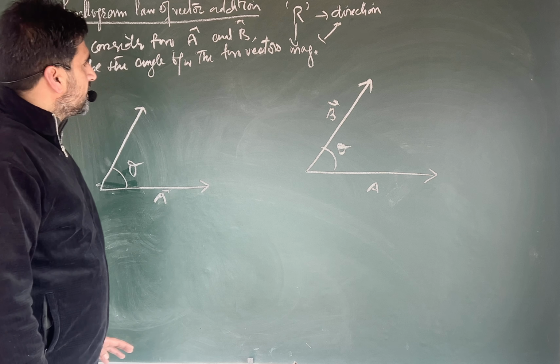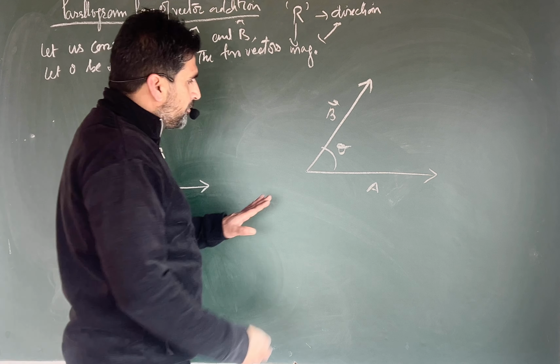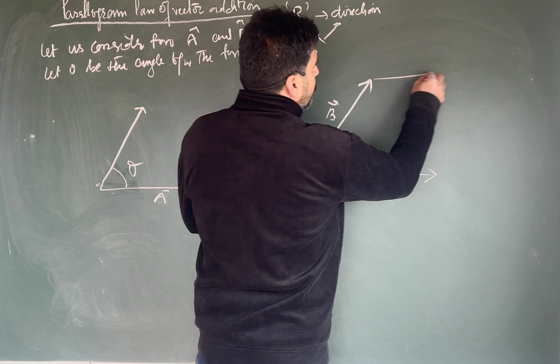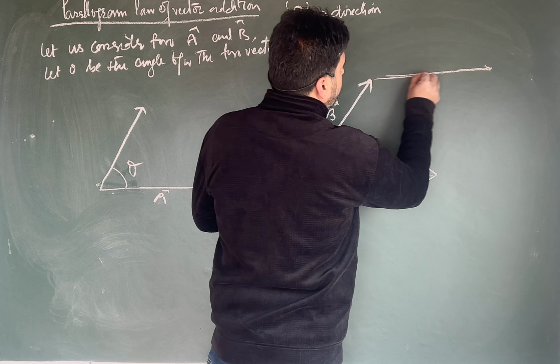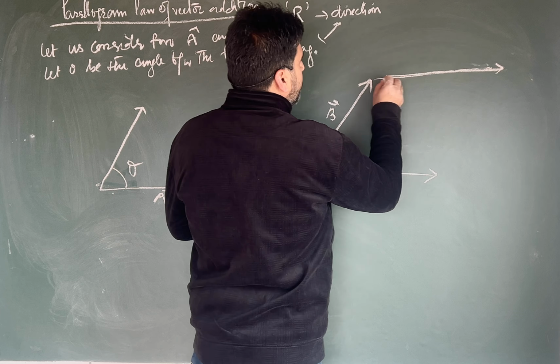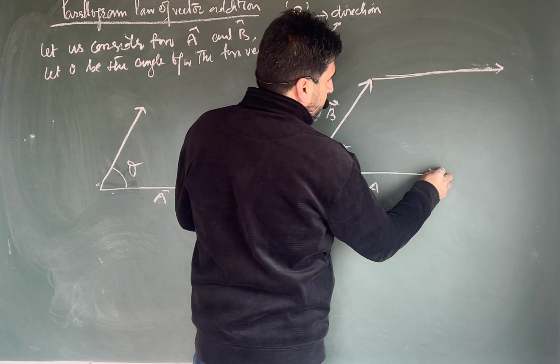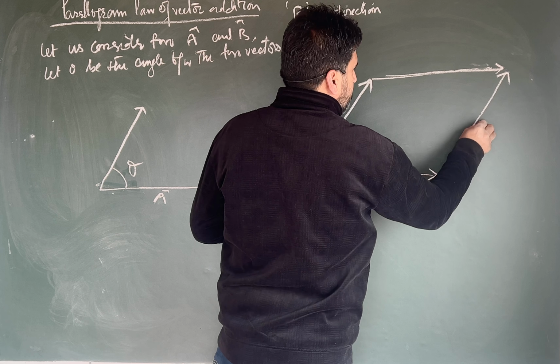What does parallelogram law say? We have to draw a parallel vector A here, and draw the parallel vector B here.